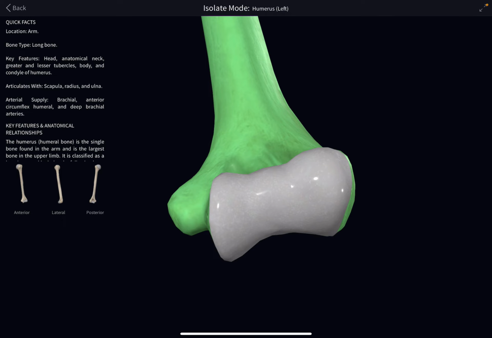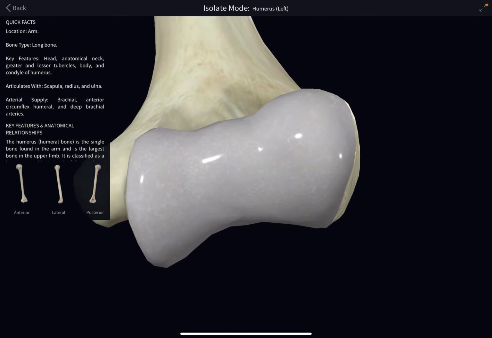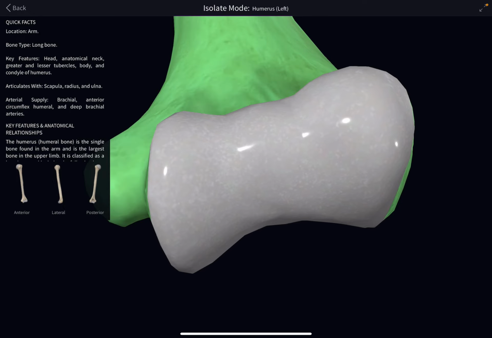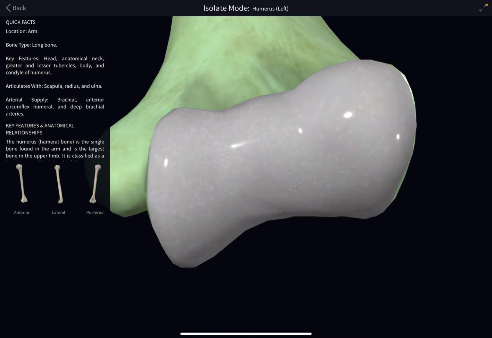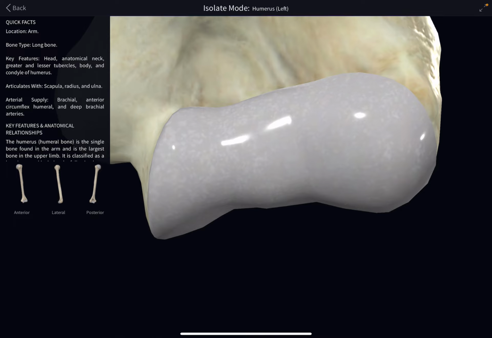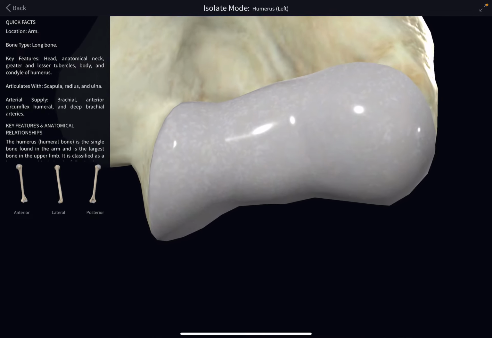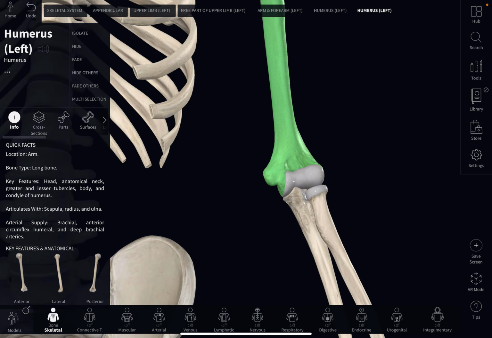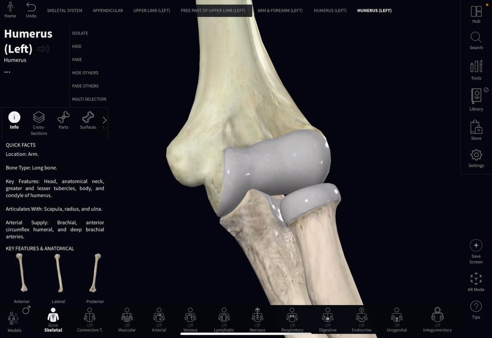Laterally is the lateral epicondyle. This one in white color is the articulating lower part of the humerus. So this consists of the capitulum, which lies laterally, and the trochlea, which lies medially.